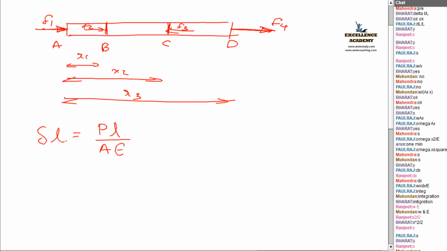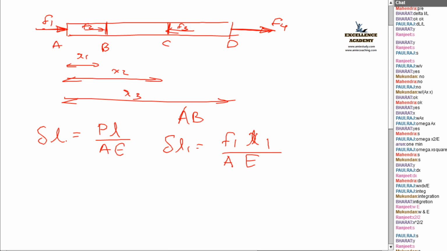First of all, consider the length AB, which is at a distance of x1. So what will be delta L1? It will be F1 x1 by, if the area remains the same, you can write the area as A. If the elasticity remains the same, you can write the elasticity also as E. Got it?